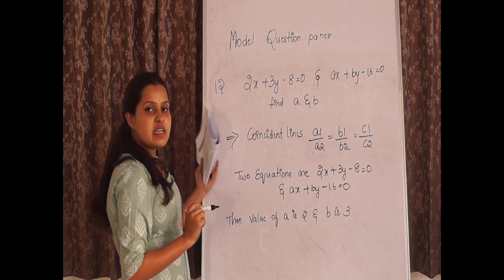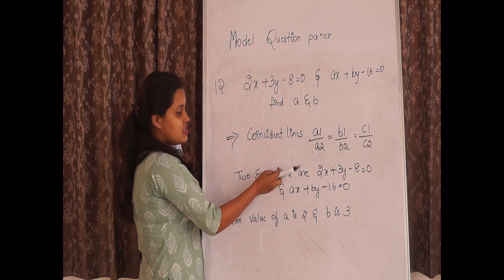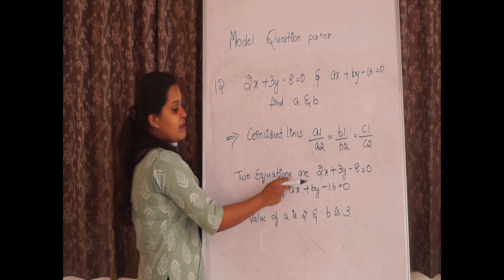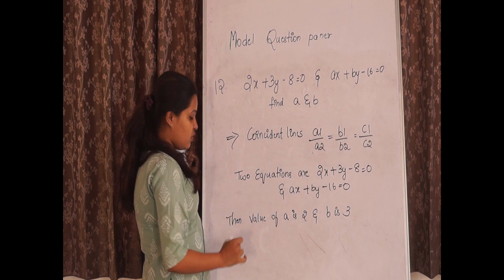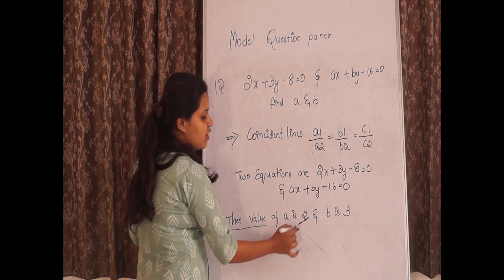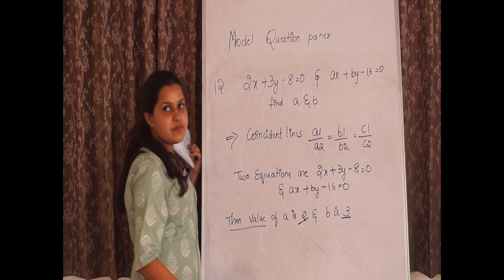So the two equations are 2x + 3y - 8 = 0 and ax + by - 16 = 0. Then the value of a will be 2 and the value of b will be 3.